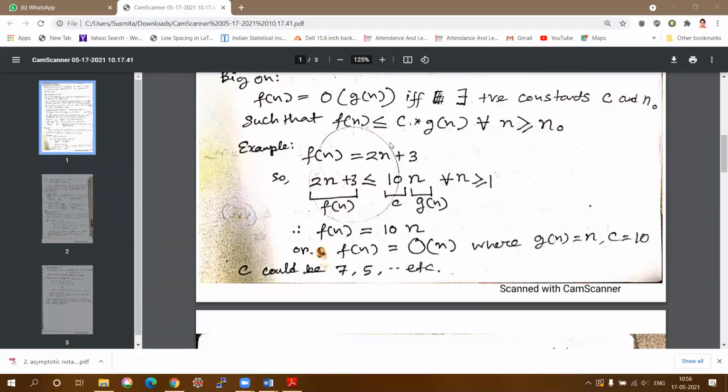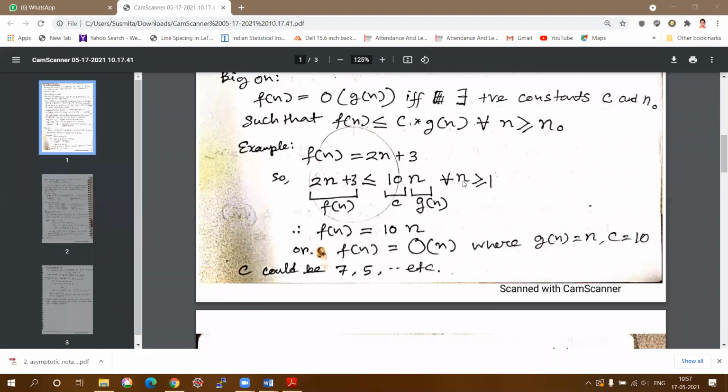We can write 2n plus 3 less than or equal to something. We could write 10n, we could write 5n, we could write 7n also. Suppose I am writing 10 into n. So 2n plus 3 is always less than or equal to 10 into n for all n greater than or equal to 1.